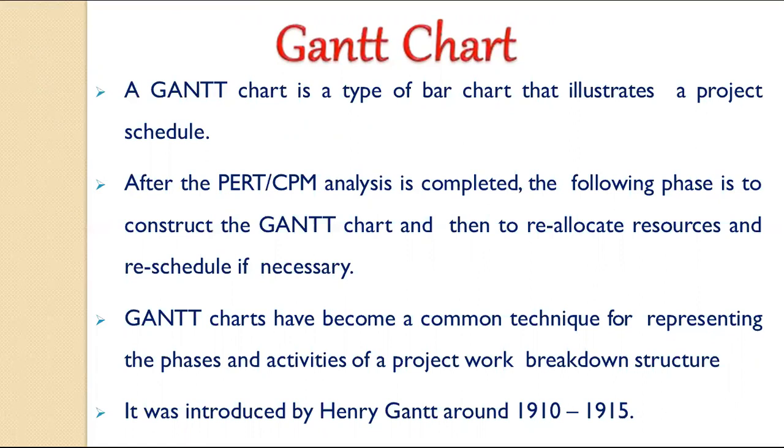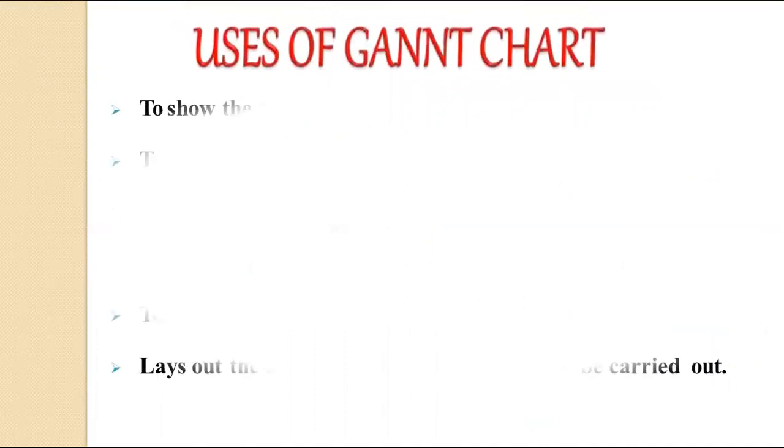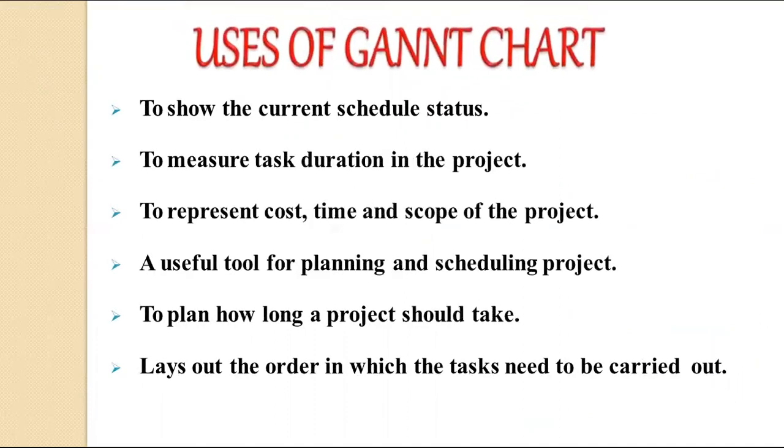The uses of these Gantt charts are: it shows the current scheduled status. It measures task duration in the project. It represents the cost, time and the scope of the project. It is a useful tool for planning and scheduling the project, to plan how long a project should take, and it lays out the order in which these tasks need to be carried out.